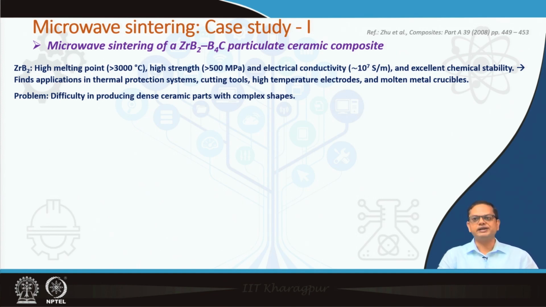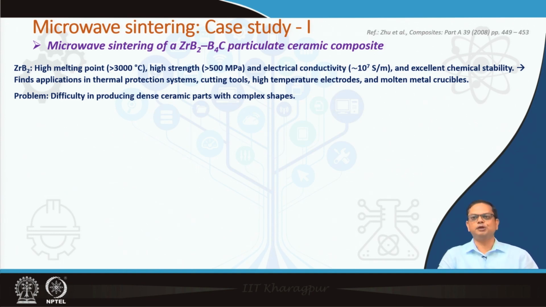Along with these 2 attributes, ZrB2 also shows good electrical conductivity and excellent chemical stability. Because of these, ZrB2 finds application in thermal protection systems, cutting tools, high temperature electrodes, and molten metal crucibles. So, all high temperature applications.